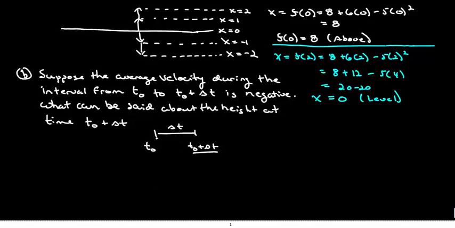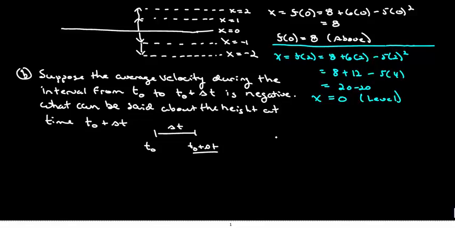Well, if the average velocity is negative, that means that overall we've got a decrease in height. The main point is that the velocity, which is controlling the direction, is going to end up making this particle be at a lower height.